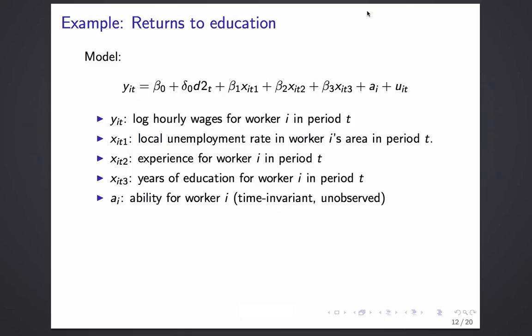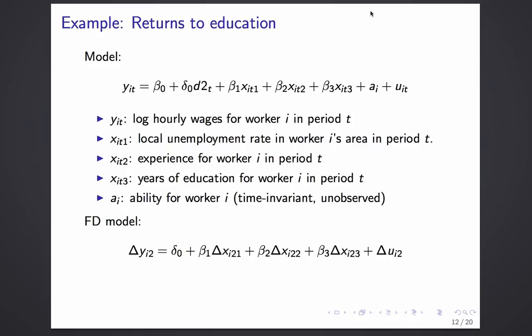So our error term consists of this unobserved individual specific effect, a_i, which we here think of as something like unobserved ability. That is something that's time invariant but unobserved. And then finally, we have our standard idiosyncratic error term. If we write this model in first differences, this is what we get.